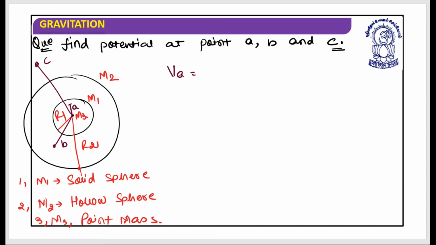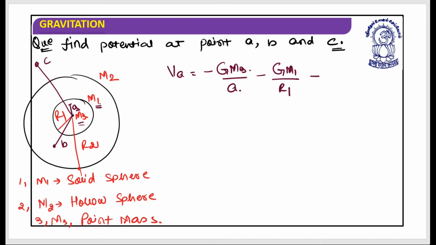The potential due to M3 is equal to minus of G into M3 divided by A. For M1, this point A is lying inside the mass M1, so it's minus of G into M1 divided by its radius R1, so it's minus of G M1 by R1.